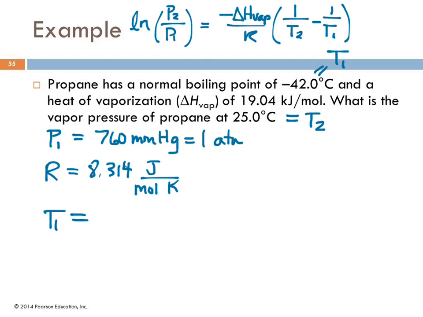So we've got 273 minus 42, 231 Kelvin. And T2 is 25 degrees Celsius, which is 298 Kelvin. That one gets used a lot.